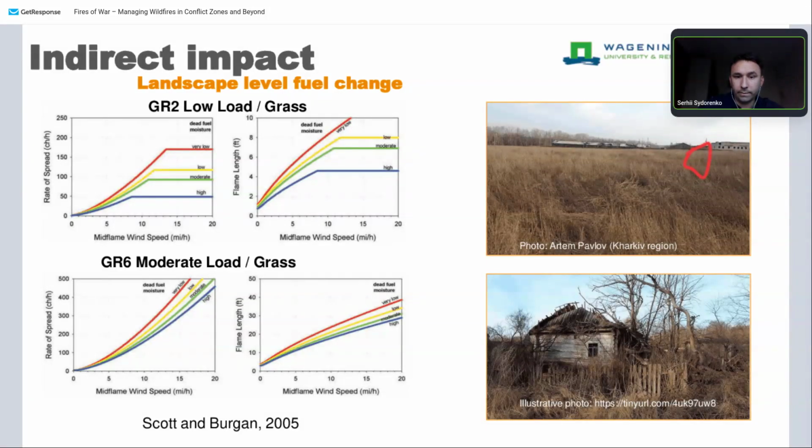Because when the land becomes unmanaged, even for 1-2 years, it can very easily be ignited by a fire and spread from these abandoned houses to the houses where people actually live, and fire risk for settlements that are close to the front lines remains very, very high.